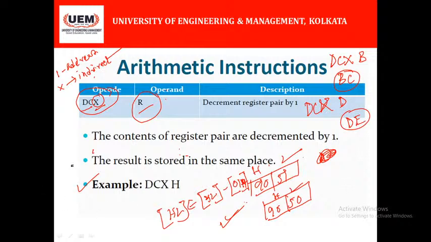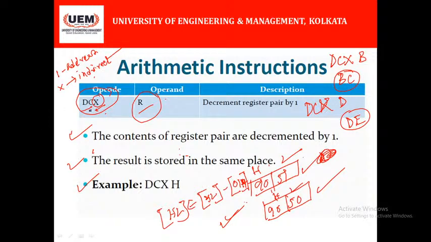The result is stored in the same place. The contents of the register pair are decremented by 1 in this case. So if 9051 is the data, it is decremented by 1 and becomes 9050. So that is basically DCX.